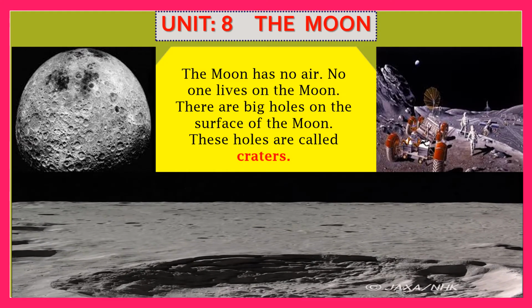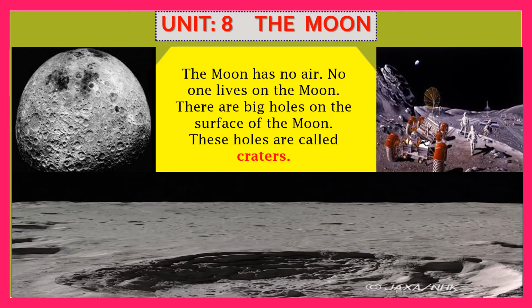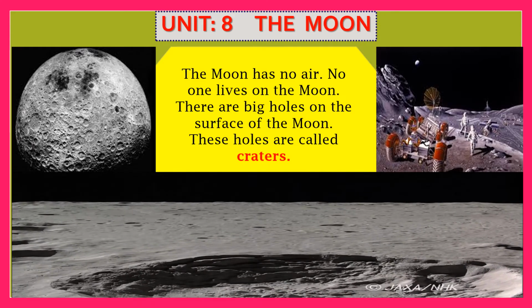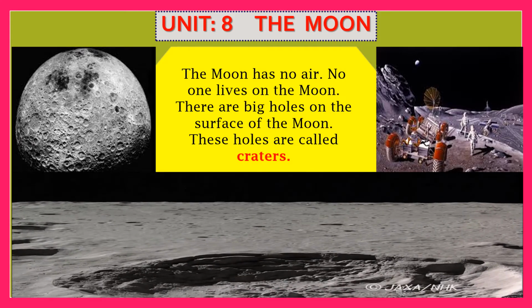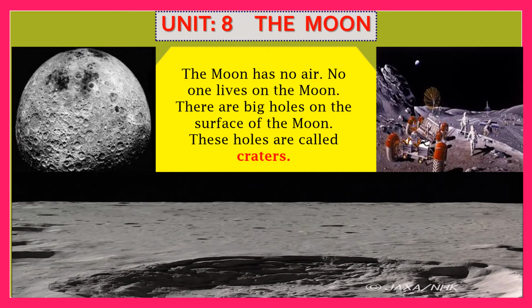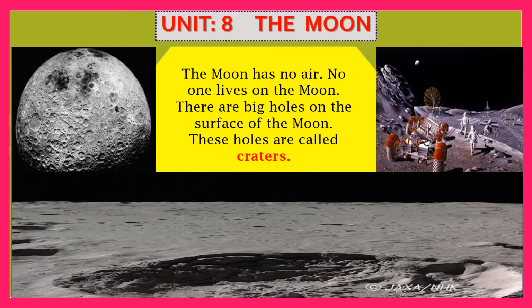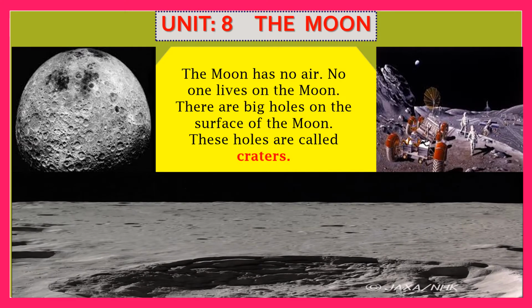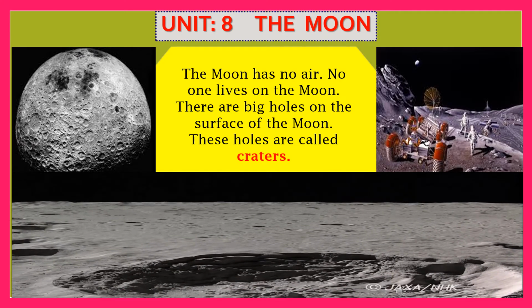And I told you, air, water, sunlight, food, these are the basic necessities that we all need to live, to survive. We are human beings, we cannot live without all these things.